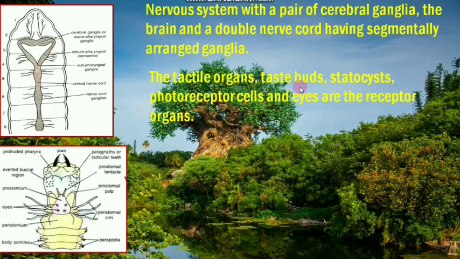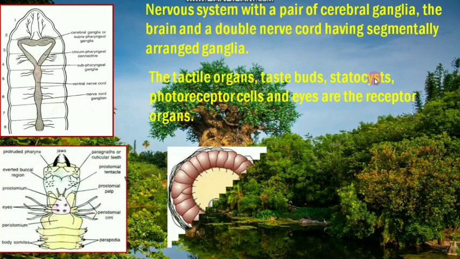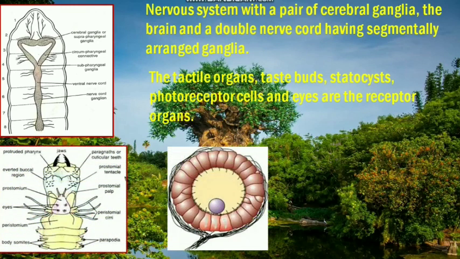Now taste buds are there, which are chemosensory, and mostly present in the mouth region or buccal cavity region. And the statocyst, which is actually meant for balancing of the body. This is a common structure which is present even in crustaceans also. So it is concerned with the balancing of the body of the organism.